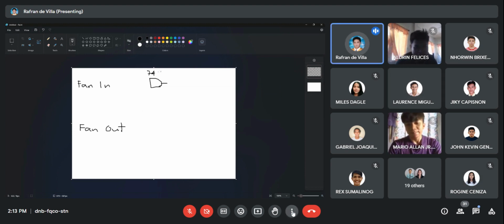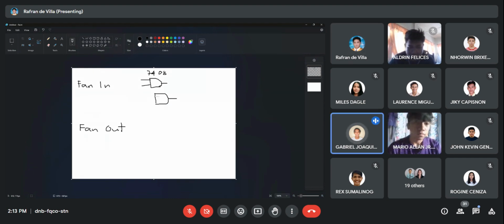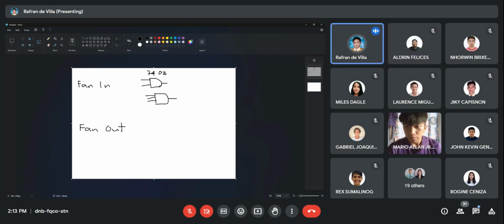So, sa 7408, duha. Okay. How about sa 7420? Villacampa, pila ka buok fan-in? Opat, sir. Upat. Okay. So, muna ang concept guys sa fan-in. So, most of our digital ICs nga gipanggamit is two input. So, it only has a fan-in of two.